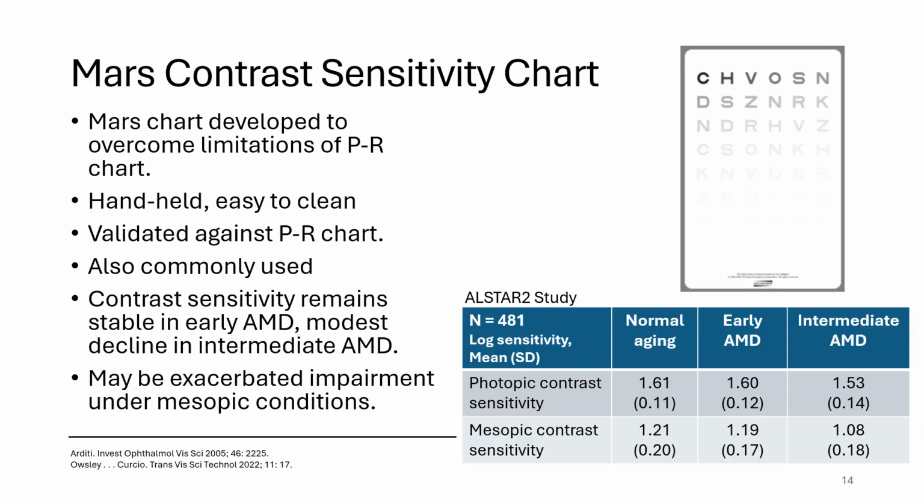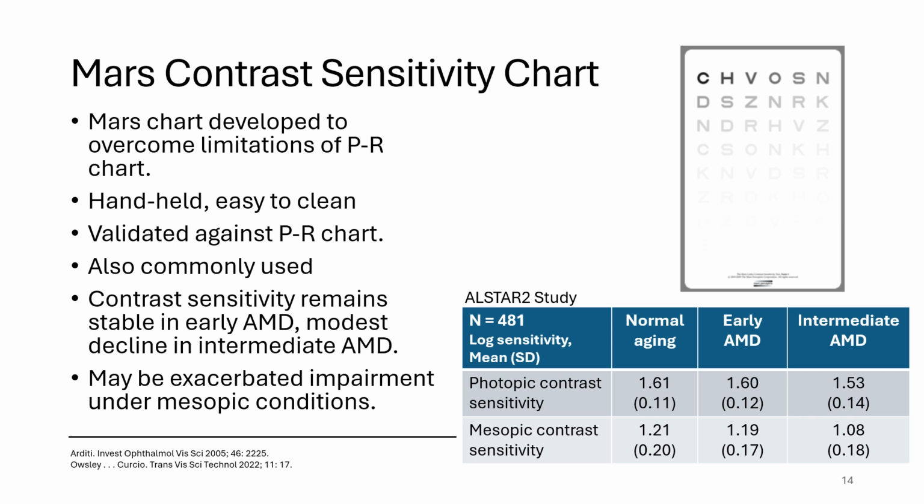More recently, Arditi developed the MARS contrast sensitivity chart. It was designed to overcome some of the practical limitations of the Pelli-Robson chart. The Pelli-Robson chart can yellow over time and hangs on the wall. The MARS chart is handheld by the patient, is hard plastic, and is easy to clean.